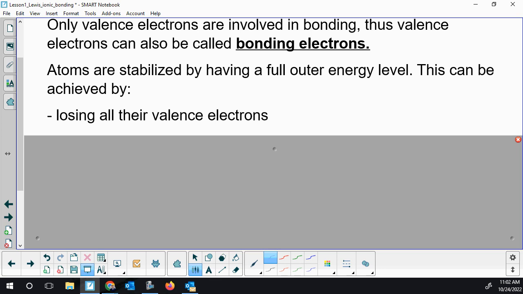Then you're not going to see something with 7 electrons losing them all, but you might see something like lithium with only 1 valence electron. It could lose that 1 electron and become a lithium plus ion, no dots, because it lost that 1 dot. Things with very low ionization energy, this is probably going to be the easiest thing they can do to get a full outer energy level.